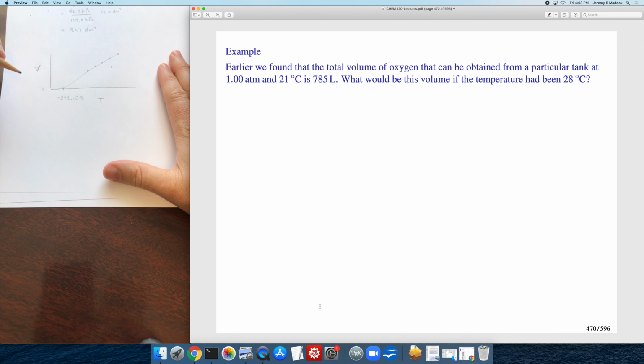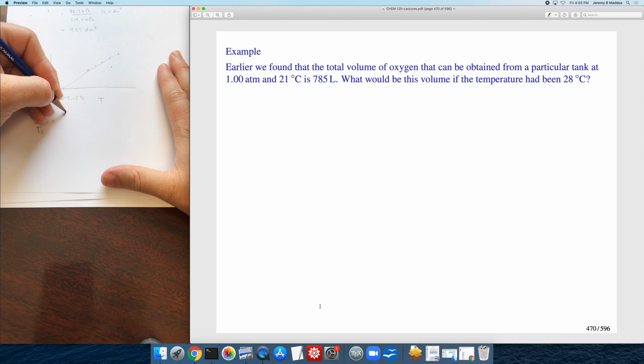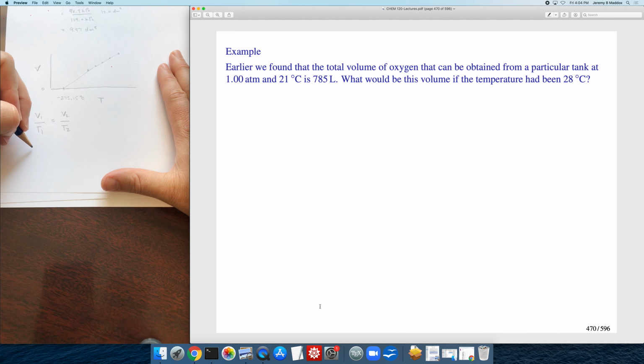So we need to use the Charles' law formula, which looks like this. We know the initial volume and the initial temperature. We know the final temperature. They want us to find the final volume. And so we need to solve for V2.